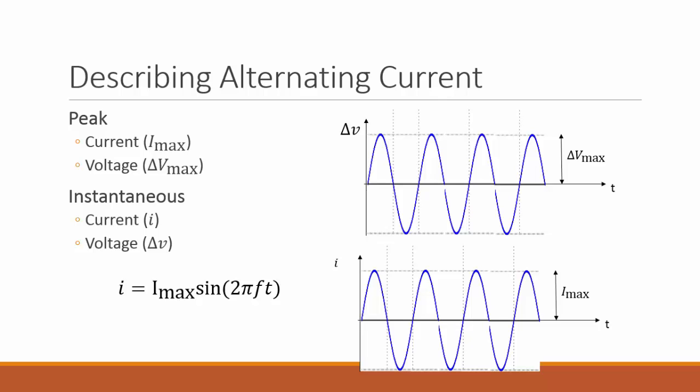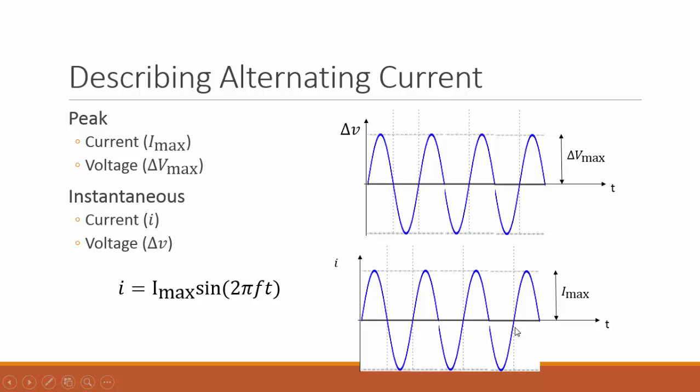It may be high at the moment, it may be low, it may be zero. Part of the reason we do this is that we'll reserve the uppercase letters to describe what goes on over long periods of time. Here's what I mean by that. One of the ways we describe this changing voltage difference or changing current is to talk about how high the peaks are, sometimes called the maximum voltage and the maximum current.